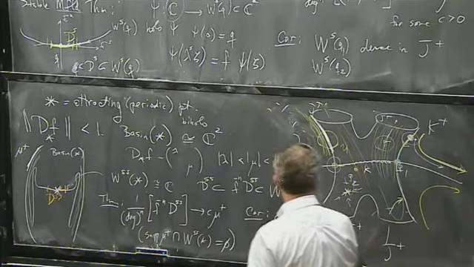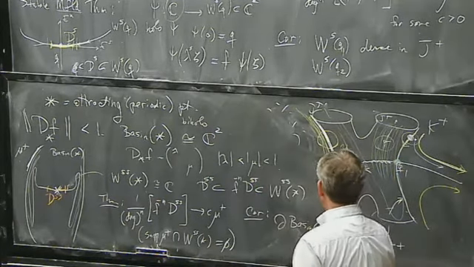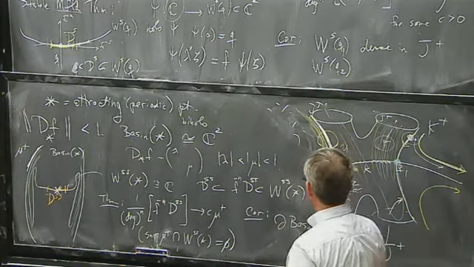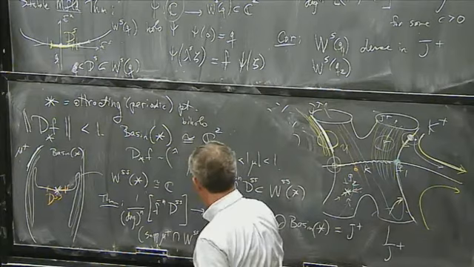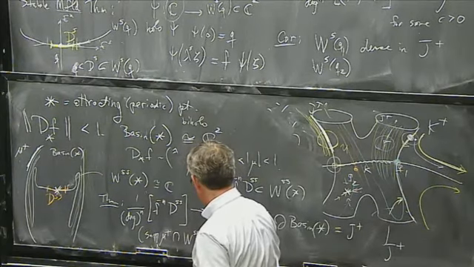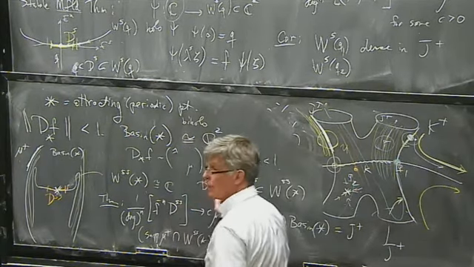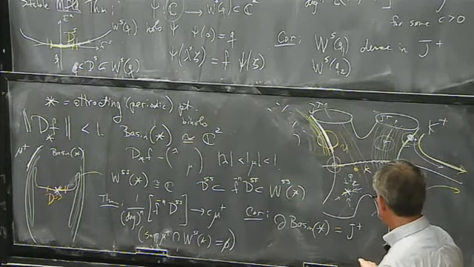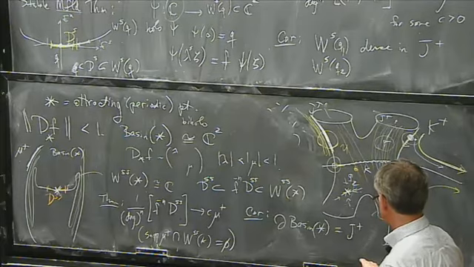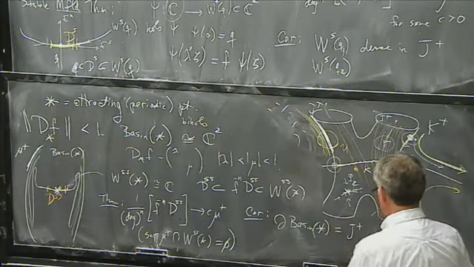So for everything in J plus, I've got to have some W^SS pretty close, because this current is converging to that. For any point in the support of this, I have to have some of this close by. So that tells me that the boundary of the basin contains J plus.